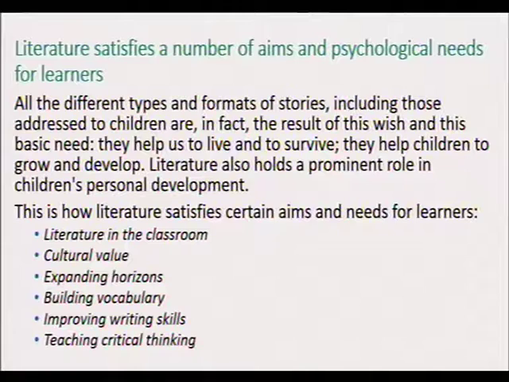It teaches them about different cultures and the values and how to deal with things. Then we have also expanding horizons. So literature tells children more about the world out there. It tells them how other people do things and how other people handle issues that come up. So it gives them new ideas and ways of dealing with things.